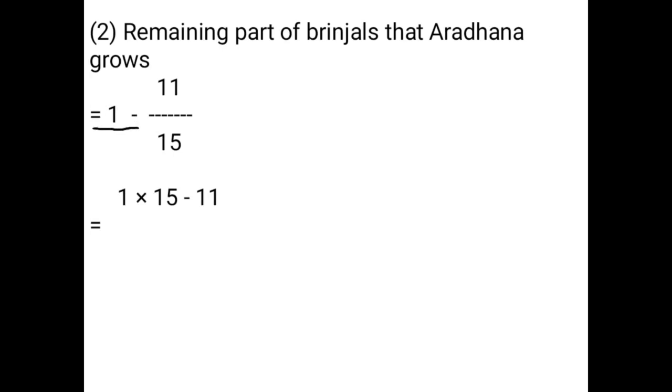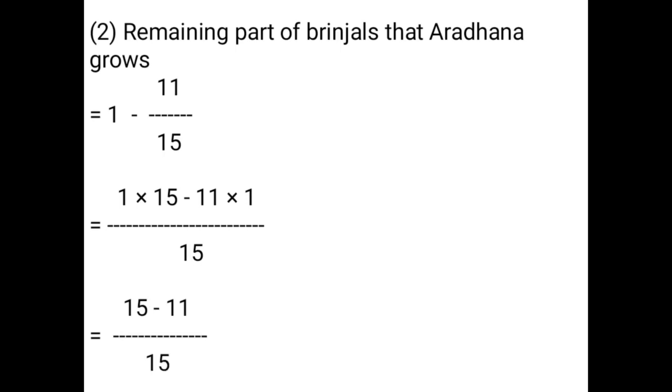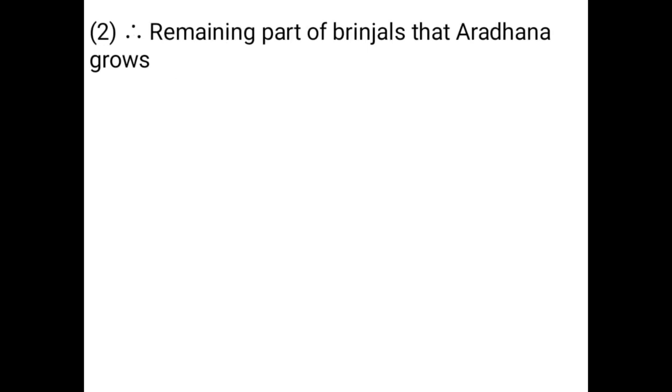Here denominator nothing is there, you have to take it 1 and then again you have to write cross multiplication form into 1 upon 15, that is equal to 1 15s are 15 minus 11 ones are 11 upon 15, that is equal to 15 minus 11 how much? 4 upon 15. Therefore remaining part of brinjals that Aradhna grows is equal to 4 upon 15.